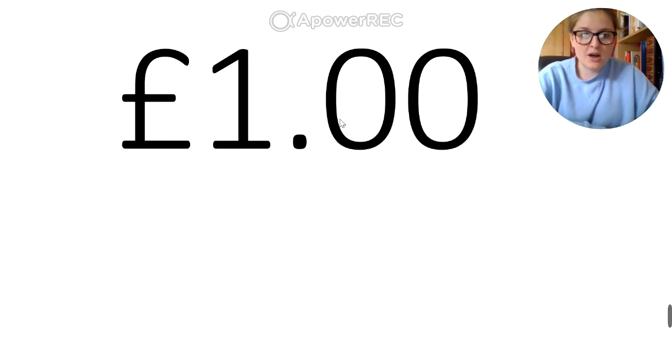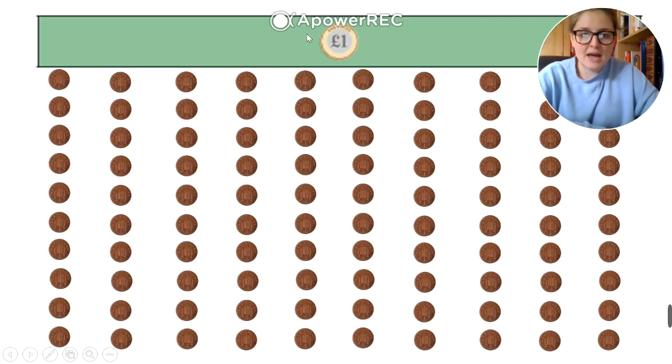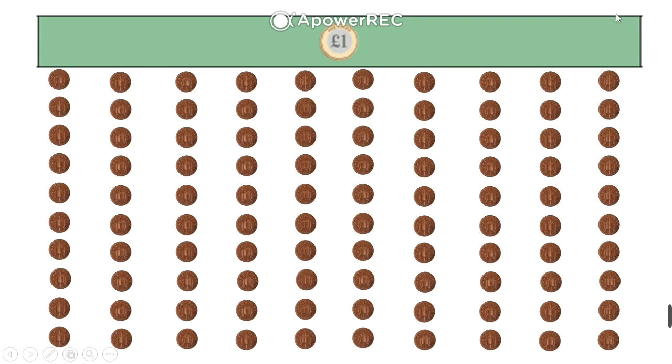Well, if we look at our next slide, the difference between these two is that within £1, so a £1 coin here, and this is what our pound coin looks like now, one whole pound coin, I have 100 pennies. I'll just move my face slightly so you can see. So in a £1 coin, we have 100 pennies. So we have 1, 2, 3, 4, 5, 6, 7, 8, 9, 10. 10 pennies in a column.